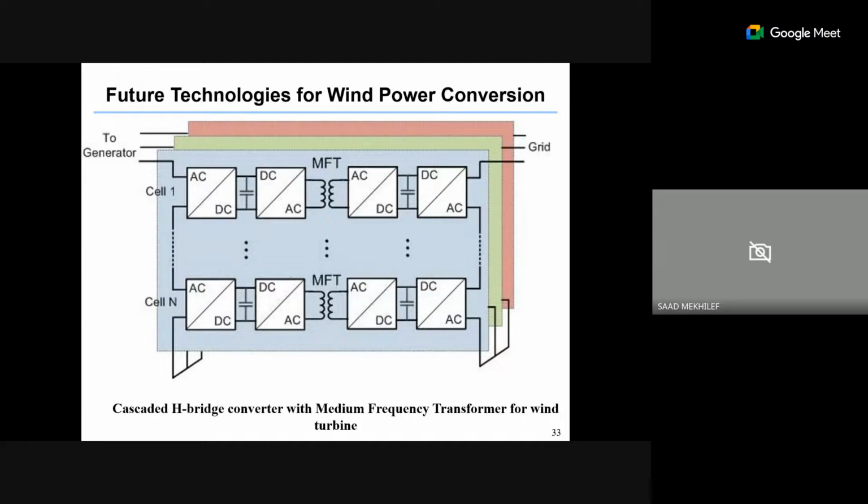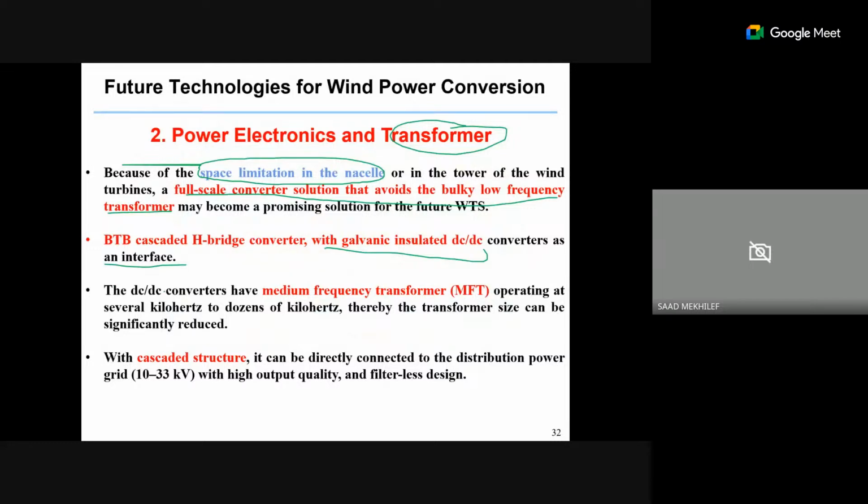And the good thing about this is you can have N cells of this, and they are all similar to each other, compared to the multi-level topologies. The DC-DC converters also operate at medium frequency, at several kilohertz.